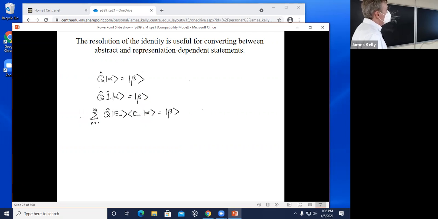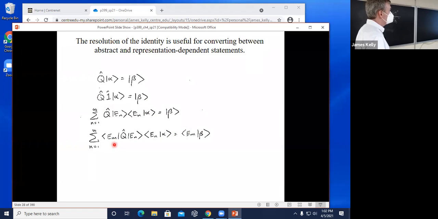There's still some abstract vector stuff in here. So in order to get rid of the vector stuff and have something that's in a particular representation, we're going to take the inner product of both sides with another state EM.